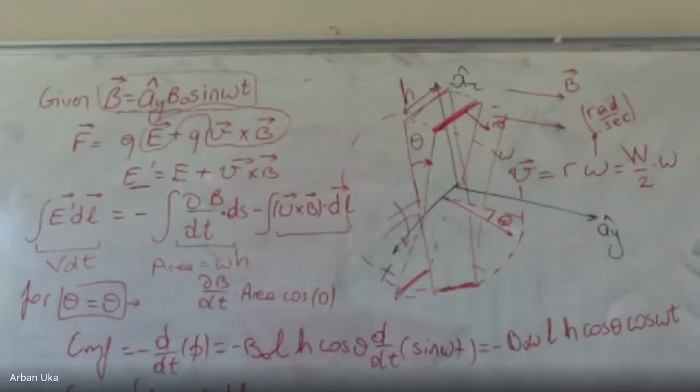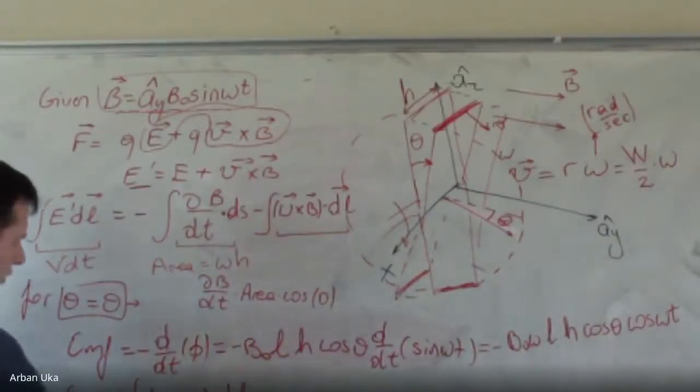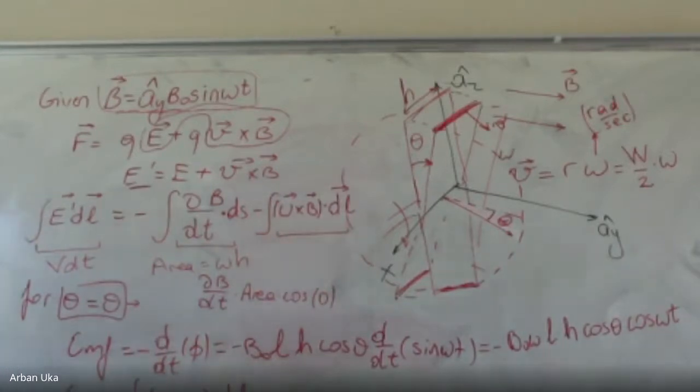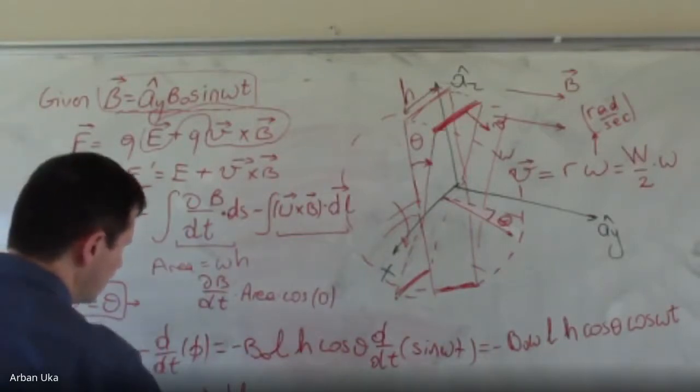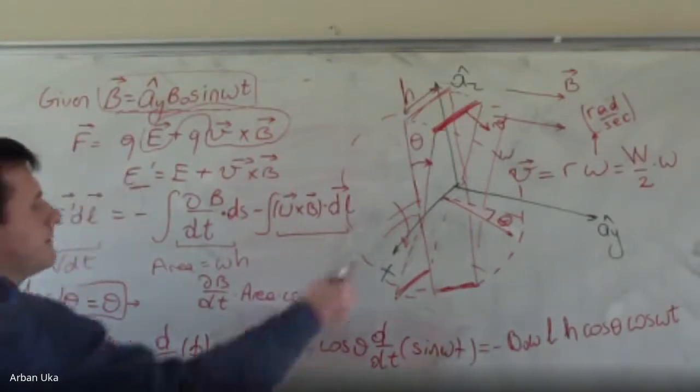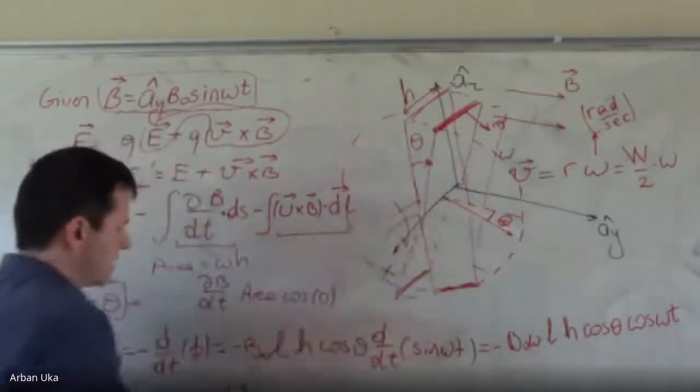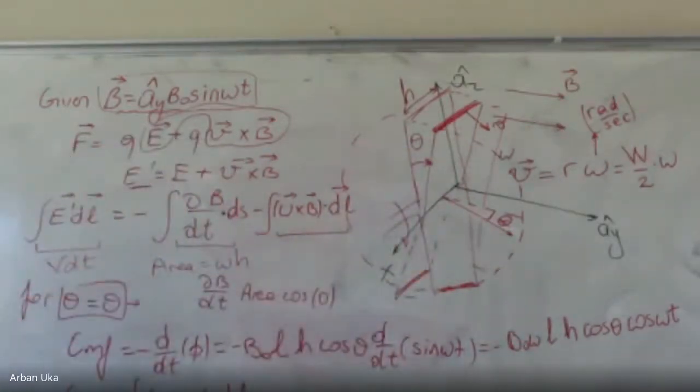And again, for a moment, we assume that it looks like this: V cross B, dl is always dx, so the direction of dl is ax, because this is the x-axis, and the V cross B is going to be an dot ay.